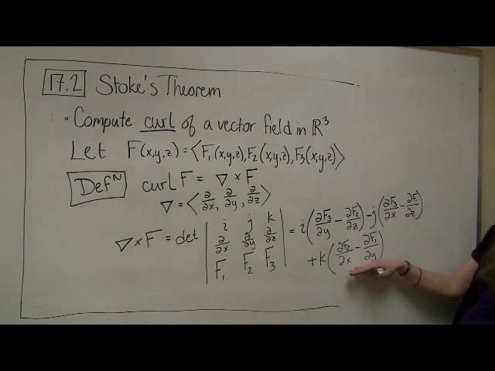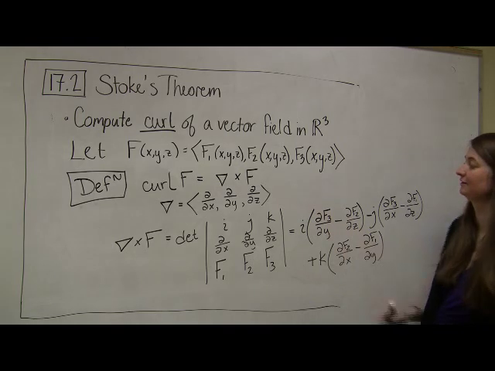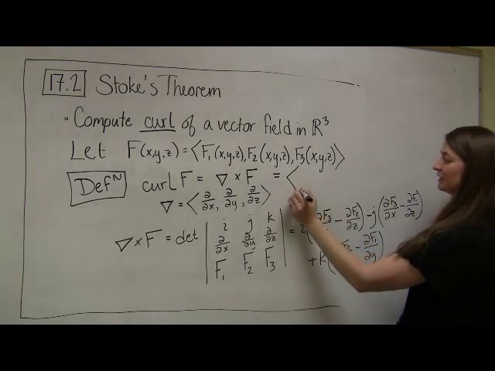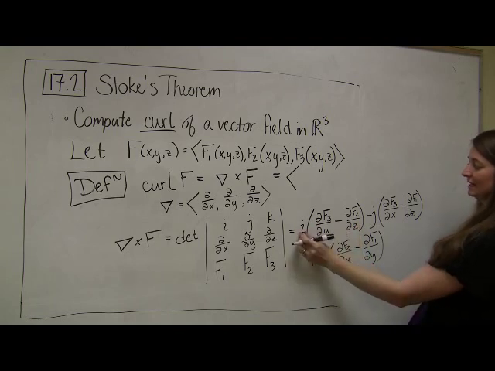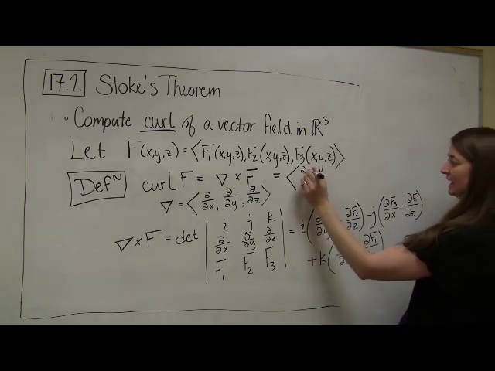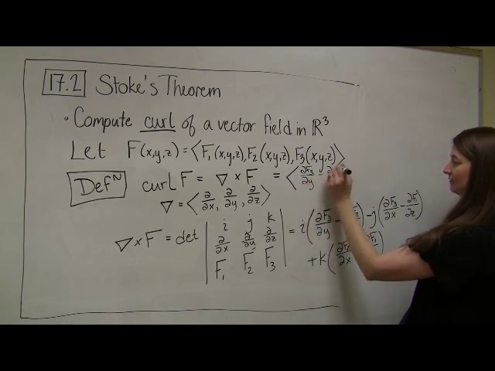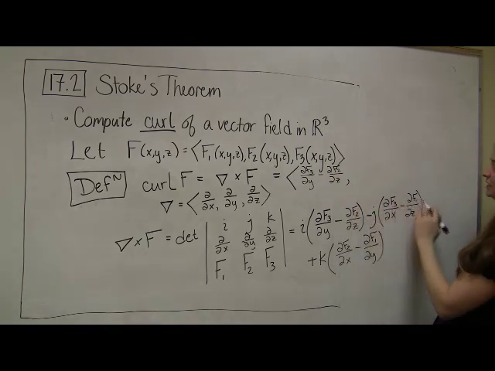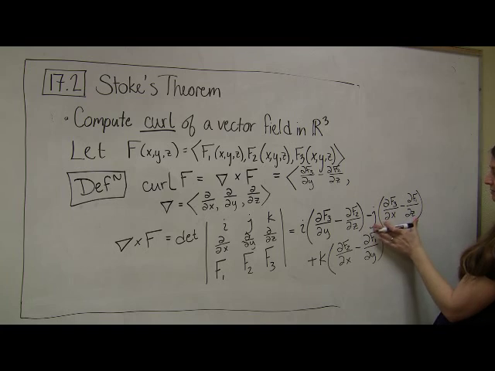So this is a long and messy formula, and if you wanted to, you could memorize this formula, because this formula is my curl of F. And I think I'm going to write it out one more time really clearly in vector notation. My first component is my ith component, and it's df3 dy minus df2 dz. And then I'm going to distribute this -1. You need not, but I'm thinking of my second component function.